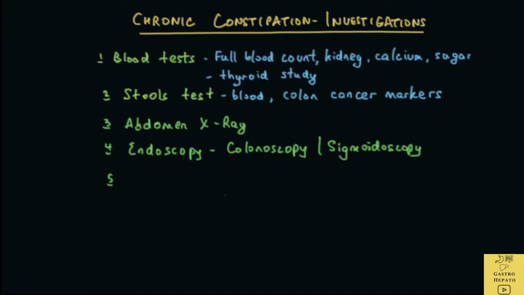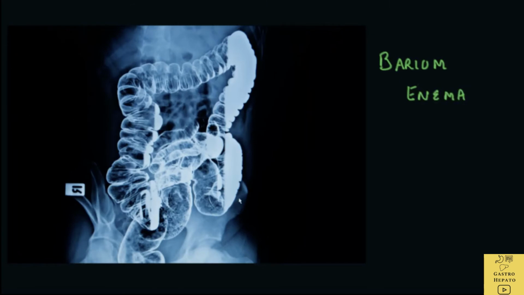Sometimes the doctor may do a type of X-ray called the barium enema. This picture shows how the large intestine or colon looks in a barium enema. For this test, the patient will drink a liquid the night before the test, which will help to clear the intestines.